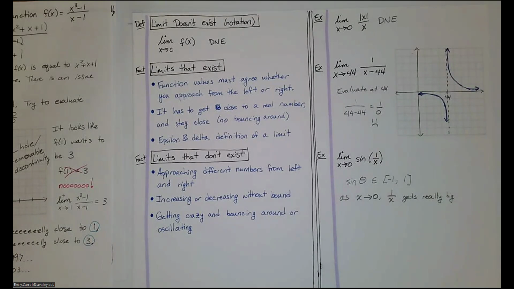Okay, and so 1 over x is going to be traveling along the real number line towards the right, going faster and faster and faster. But you take the sine of that, and it's going to keep oscillating up and down. So it never gets to any particular number and stays there.